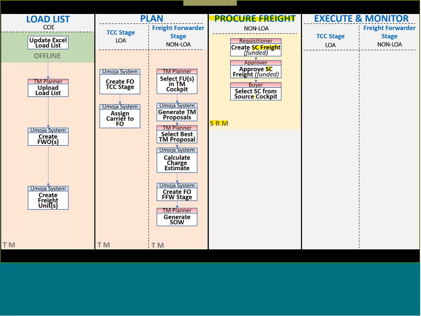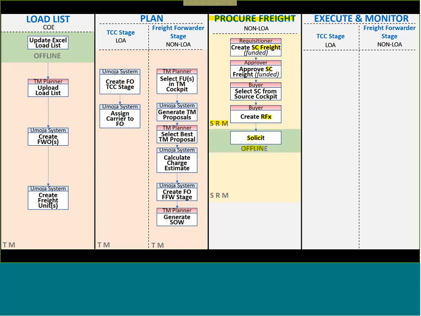So it needs to be raised and approved, and then the RFX document in order to initiate the bid from the different freight forwarders. Then we have offline the solicitation process in order to get in touch with the freight forwarders and to receive the different prices, the different bids.